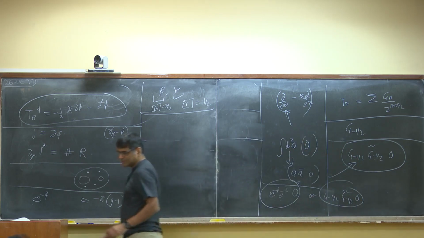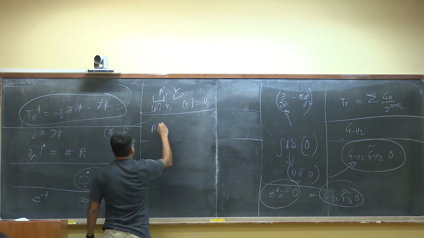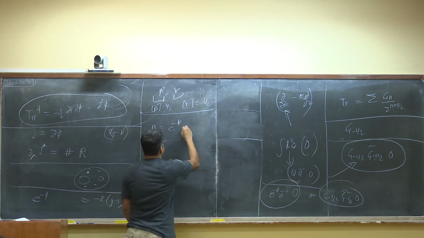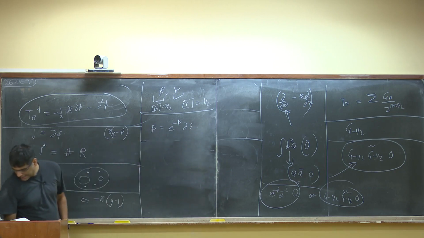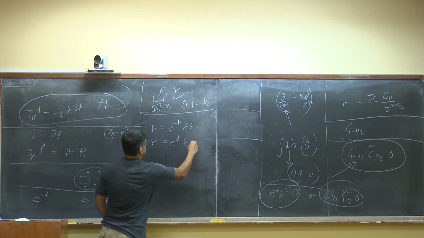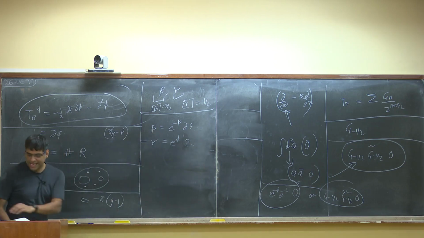Our bosonization went as follows. Beta was equal to e to the power minus phi, the same phi that appears here, times del zeta, and gamma is equal to e to the power phi times eta.